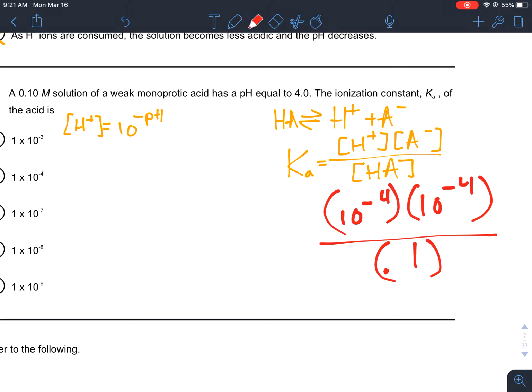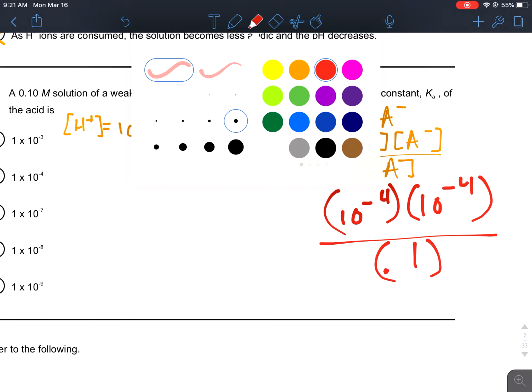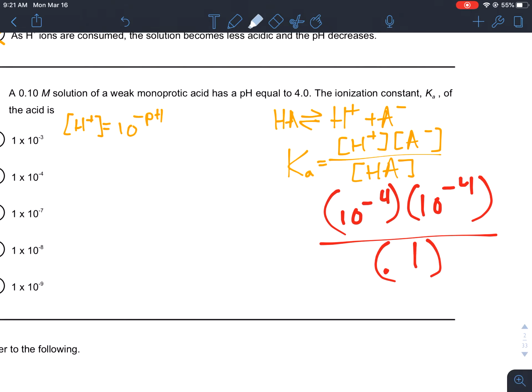Why is the H plus and why is the A minus, why are those two things both the same? Well, remember, they came from the same source, right?